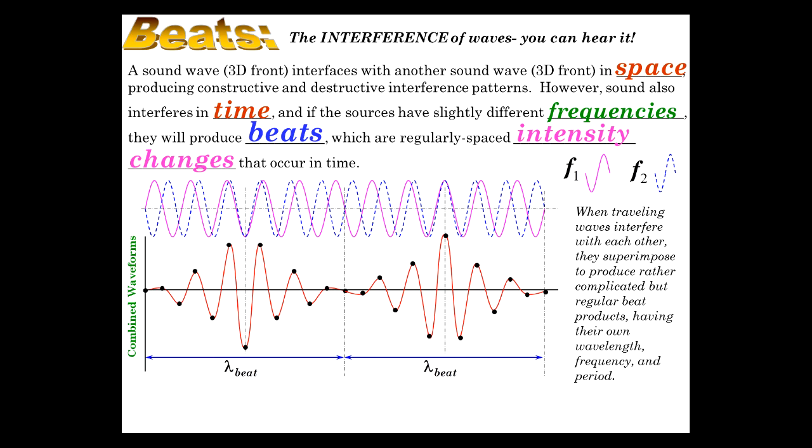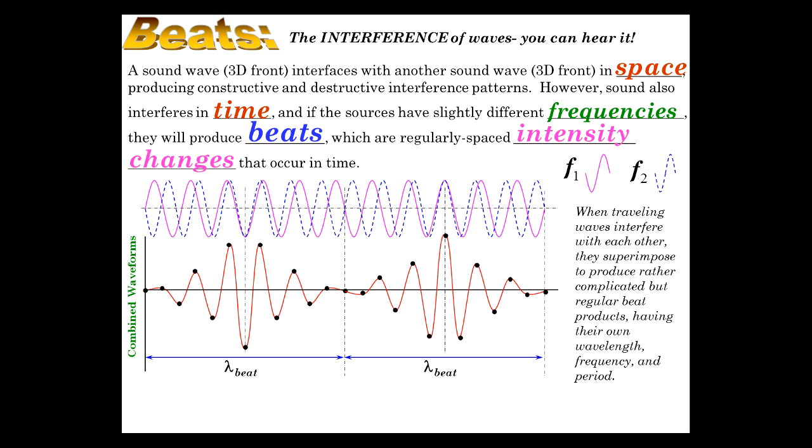And the wavelength of the beat itself turns out to be a lot different than the wavelength of the original waves, whether it's wavelength 1 or wavelength 2, which are slightly different but much shorter. Here, the wavelength of the beat, the intensity variation in the superposition of these waves, has a spatial extent.